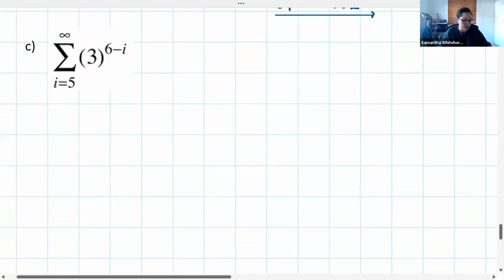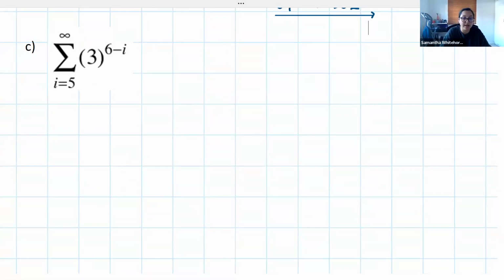Okay, so this is the one I want you to try by yourselves. We're adding only from the 5th term, but we're adding to infinity. So again, don't overthink it. Work out the first 3 terms. You know your sum to infinity formula. Off you go. I'm going to give you a few minutes.